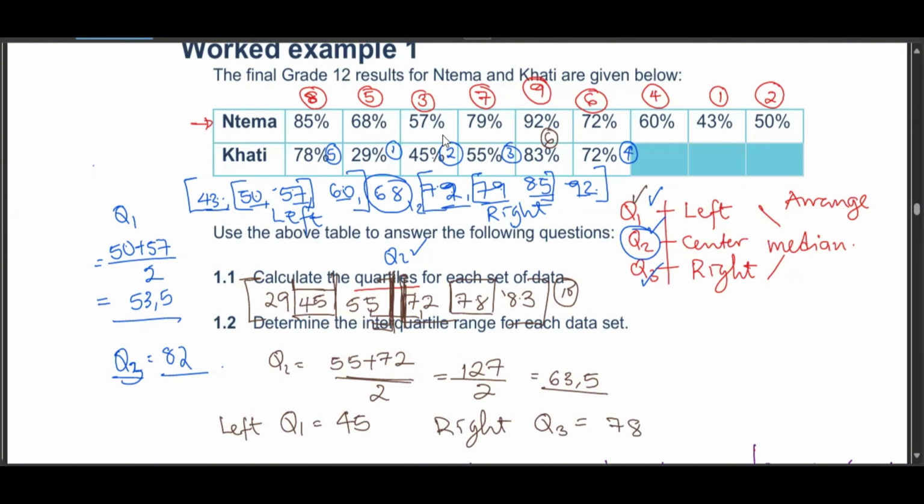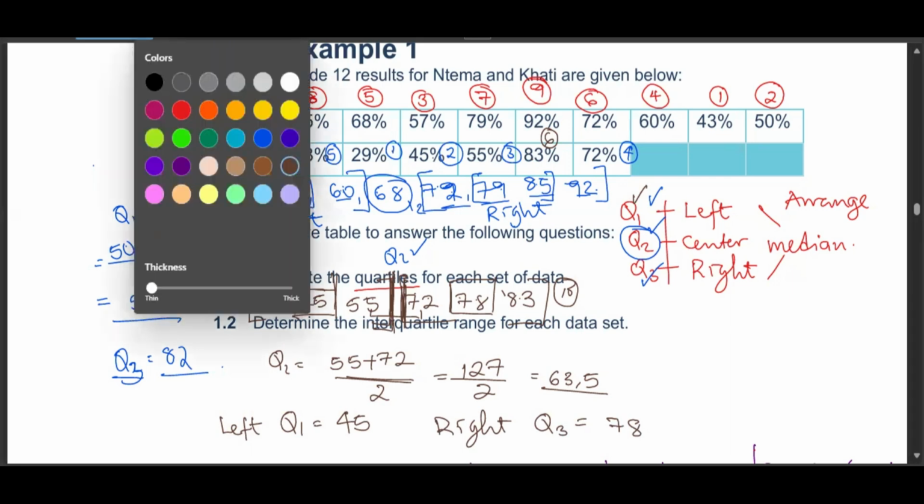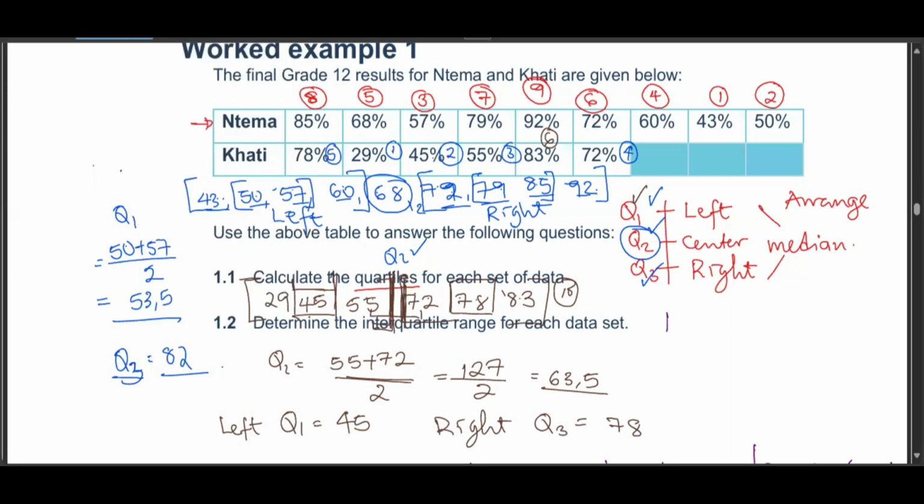Okay, so now they have asked us to give the interquartile range. For the first set, the interquartile range is Q3 minus Q1. In the first place, our Q3 is 82. So we shall say 82 minus our Q1 is 53,5.